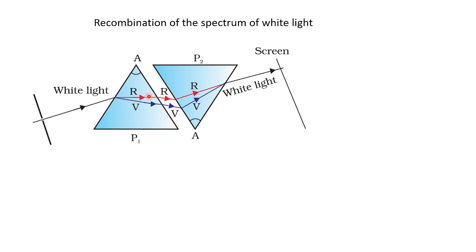The 7 colors combined together, we get white light.